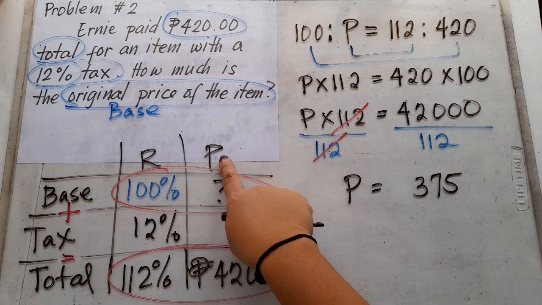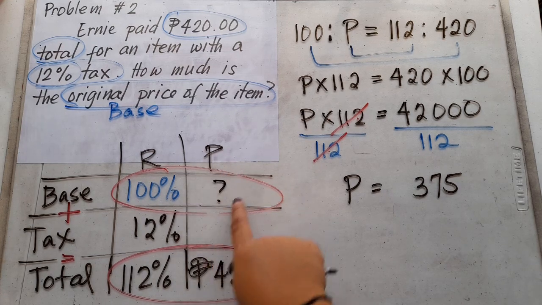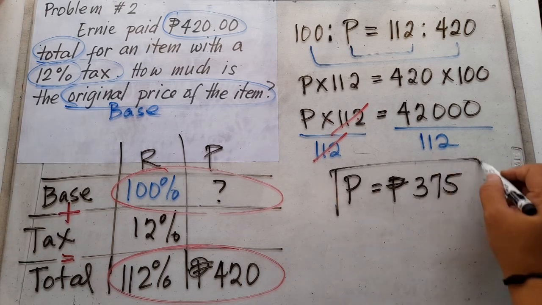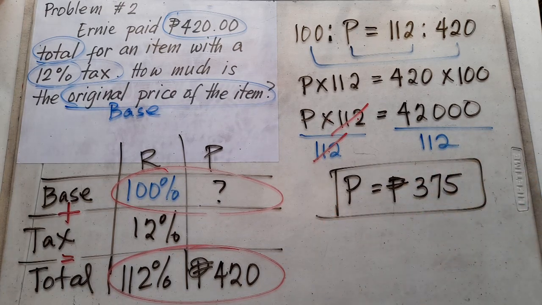And yung question mark natin has peso sign. So, peso sign. Yan yung ating sagot. 375 pesos. That is the original price. Let's move on to problem number 3.